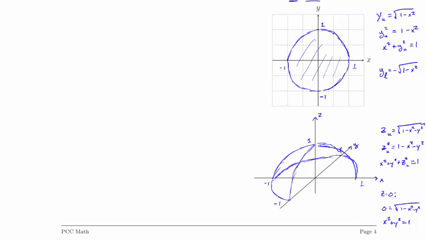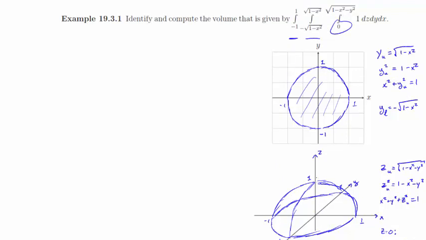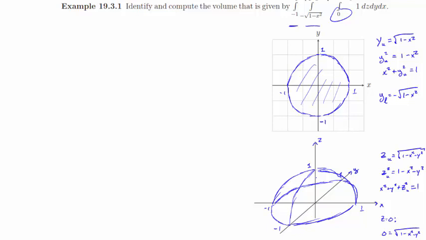So again, we do get that our z bounds, that the whole shape is really just the top half of this sphere, and it intersects the xy plane at the unit circle. So we want to compute the volume of this region here.